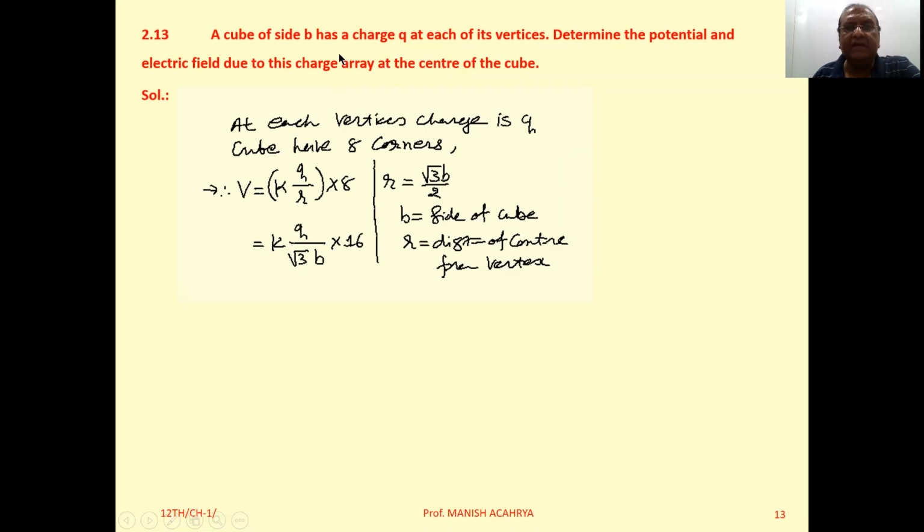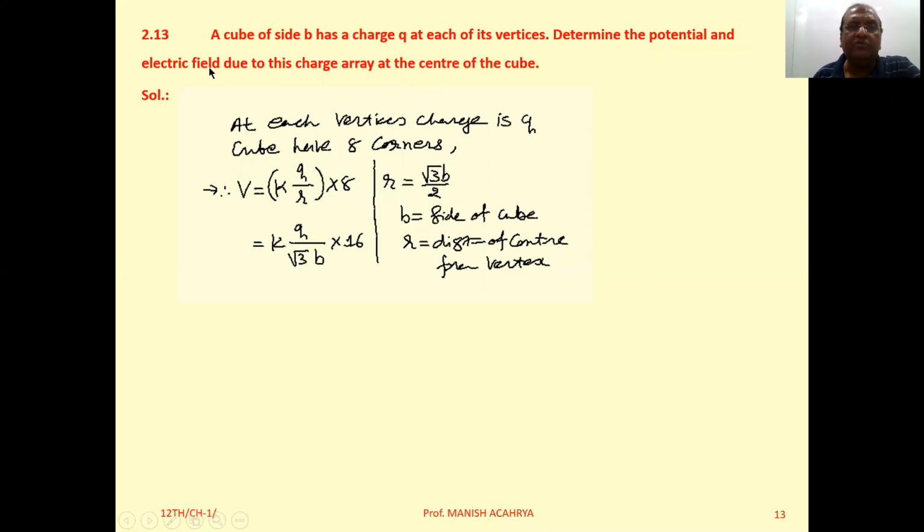But here each side of the cube is given to you as b, so we can write r, the distance between corner and the center, as root 3 b by 2. Now in this equation substitute r, that is root 3 b by 2, that 2 we can take in the numerator. So the resultant potential we can give by the equation kq upon root 3 into b, into 16.